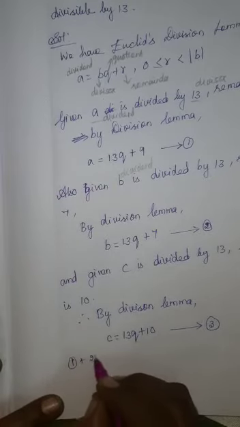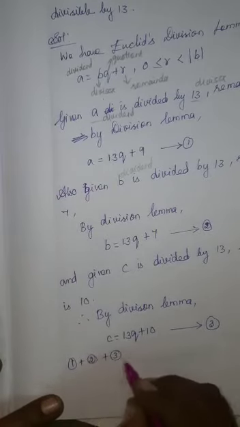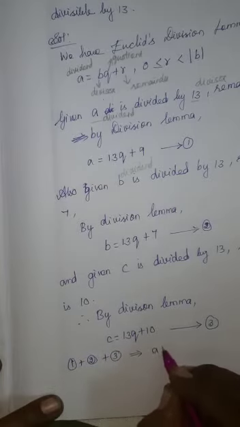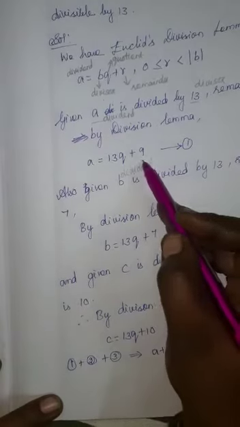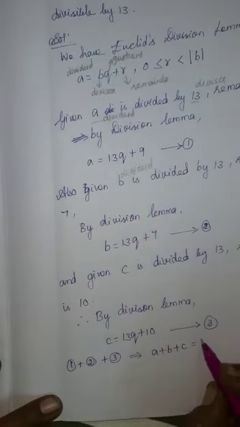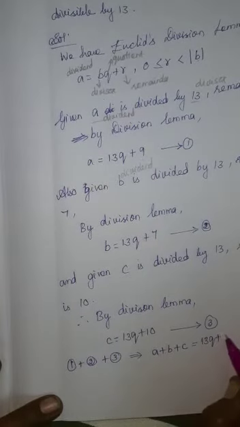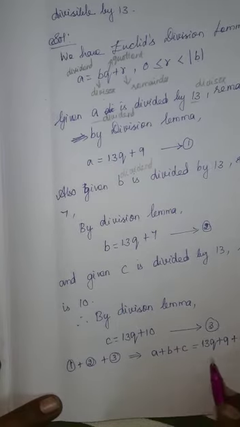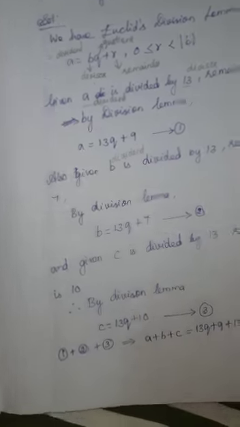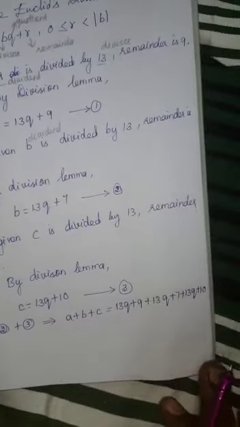Equation 1 plus equation 2 plus equation 3 implies a plus b plus c is equal to, what is the right side of the first equation? 13q plus 9. Second equation 13q plus 7. Third equation 13q plus 10. We are adding, so there is no need to put brackets.